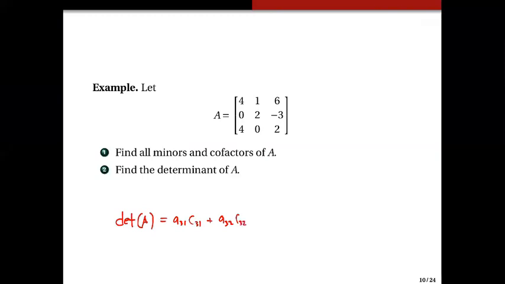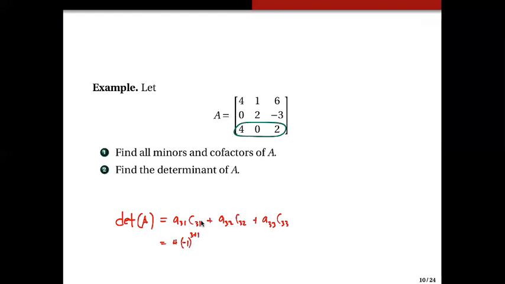C32 plus A33 C33. Okay? So we are looking at this guy here. Okay? So A31, that's 4. And then multiplied to C31, it's negative 1 raised to 3 plus 1.